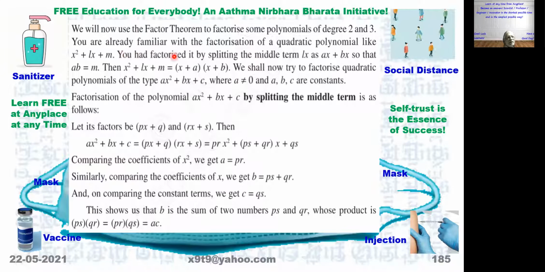The factorizing can be done by splitting the middle term, that is lx, the second term, as ax plus bx, two terms, so that the product ab becomes m and the sum a plus b becomes l. So x square plus lx plus m can be written as (x plus a) into (x plus b).